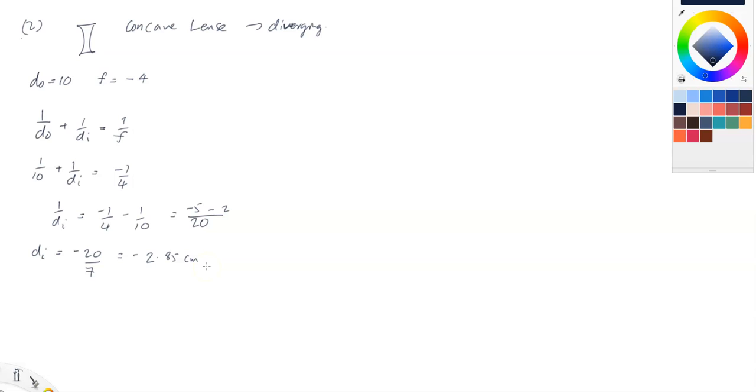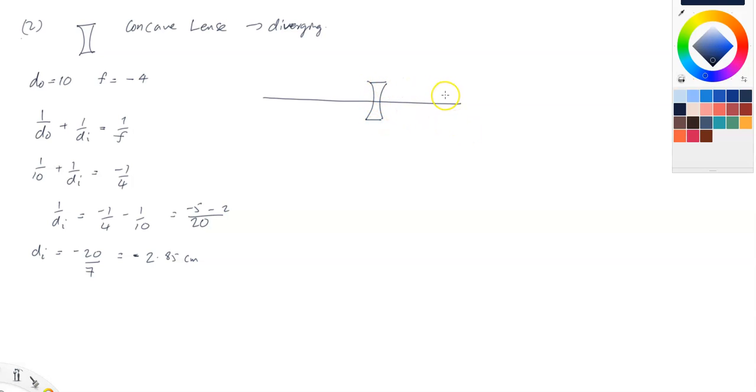Let me double check just in case. 20 over 7, 2.85. So DI, we have a negative number. For a lens, if we have a negative image distance, that means it's going to be in front of it. And we know that for diverging lenses, that's how the image is going to look.